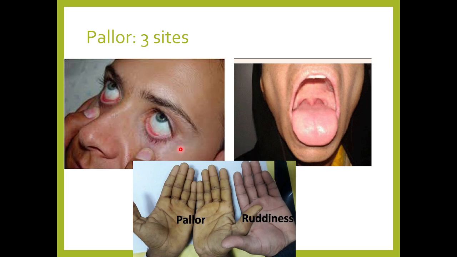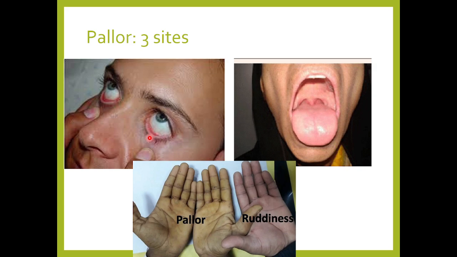Next is the pallor. With two fingers, two hands, you examine the conjunctiva bilaterally. I concentrate on both sides, and you compare with your nail bed. If the conjunctiva is pale, you say that the conjunctiva looks pale, okay?